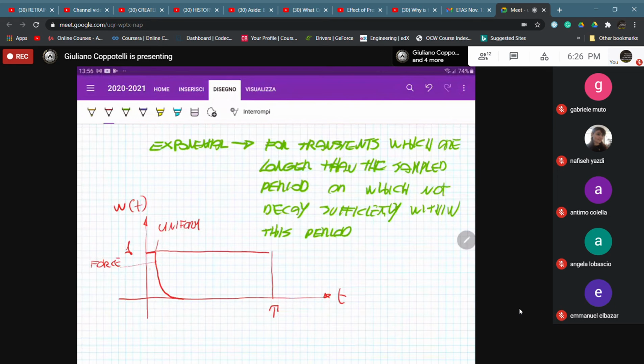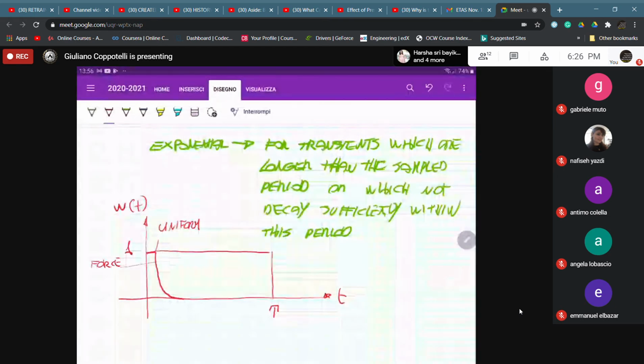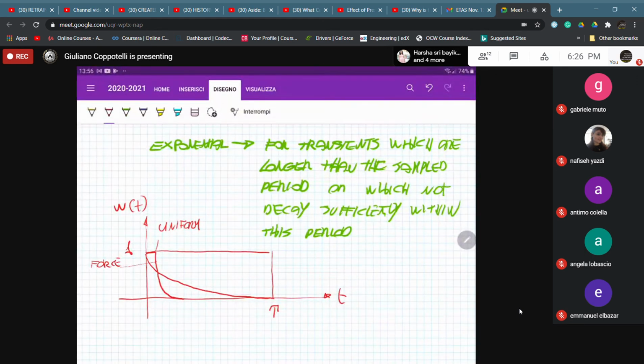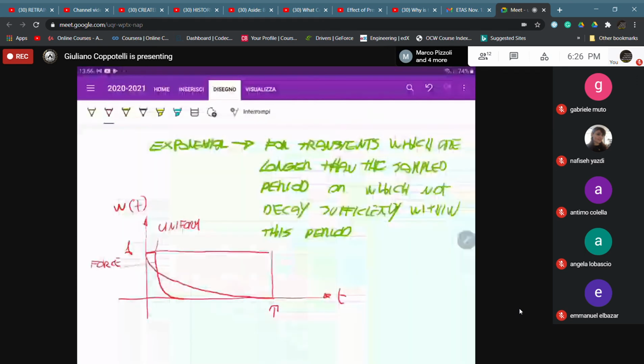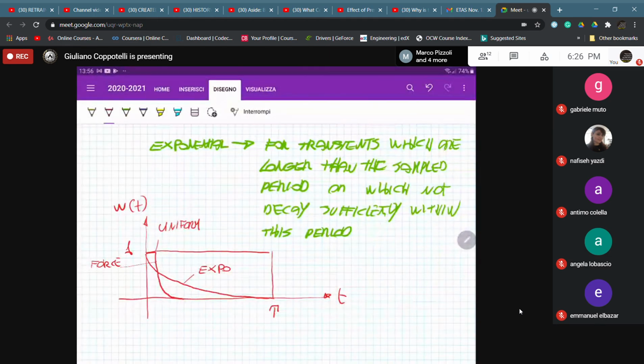And then the other one is the exponential, that goes to 0 at the end of the observation time.